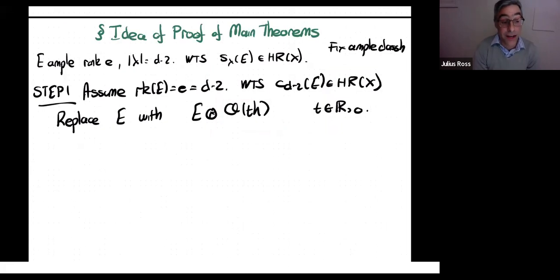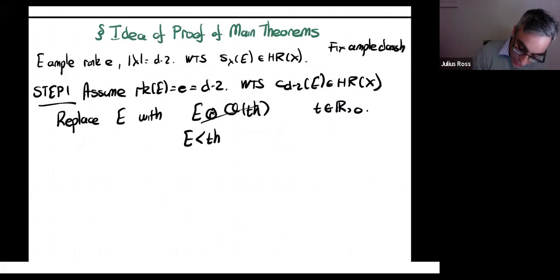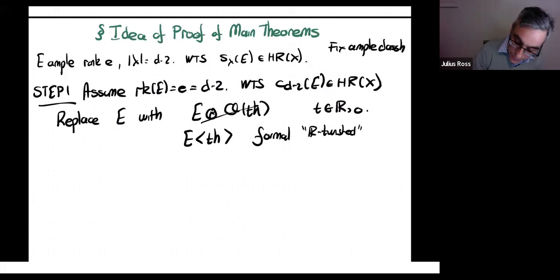I just need its Chern classes to exist. So you don't really do that. You do E of what's called tH, these sort of R-twisted things. And this is sort of some formal object, R-twisted bundle. So the bundle does not exist as a bundle, but its Chern classes do.